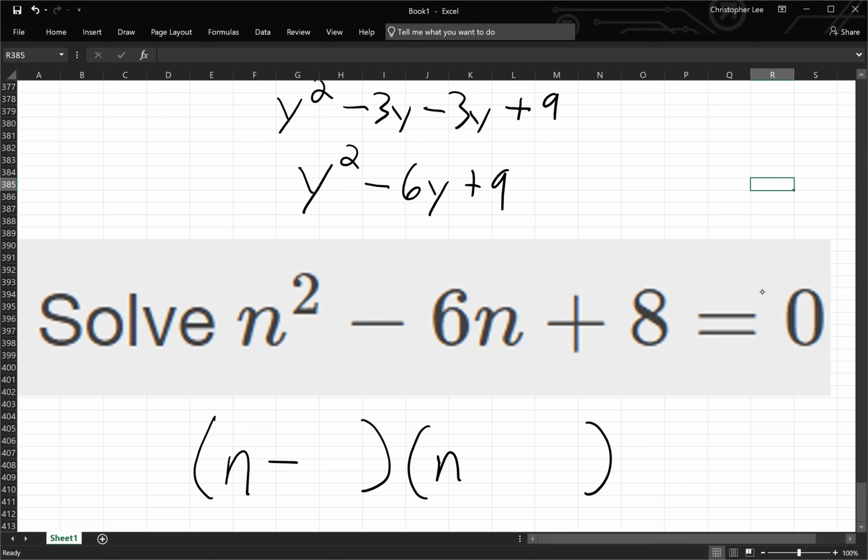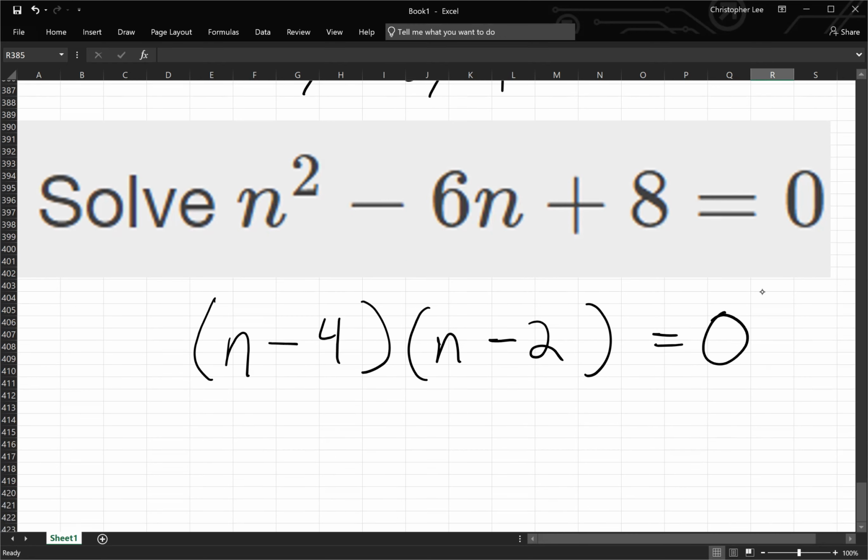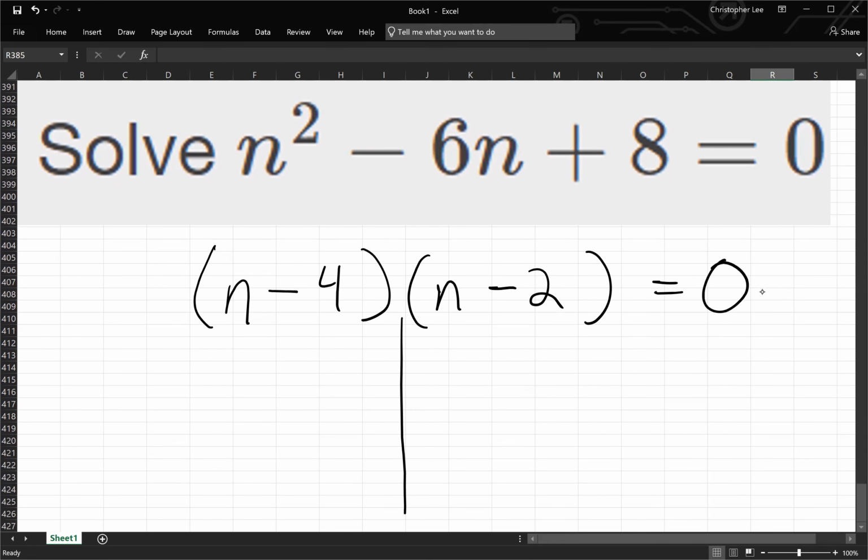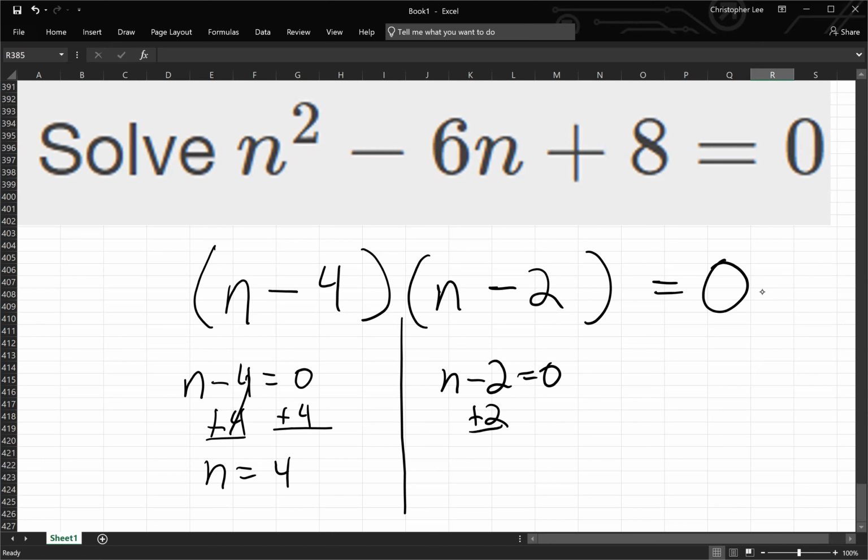Both negative? All right, -4, -2. Very good. Excellent. Well done. And what do I do after that? Okay, so n minus 4 equals 0 and n minus 2 equals 0. And then just solve for n, right? I'm gonna add 4 over here. n is equal to 4. I'm gonna add 2 over here. n is equal to 2, right? So remember how to do this, right?